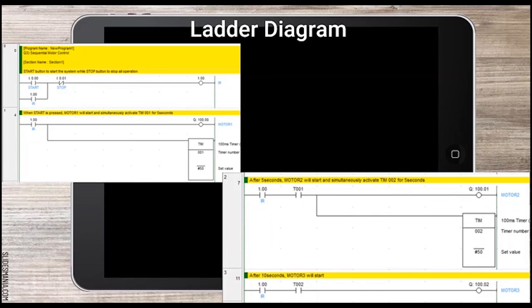In the right diagram, at rung 2, it consists of a normally open internal relay and normally open timer 001, the output is motor 2, and it has timer 002 with the set value of 5 seconds. At rung 3, it consists of a normally open internal relay, normally open timer 002, and the output is motor 3 with operand 100.02.